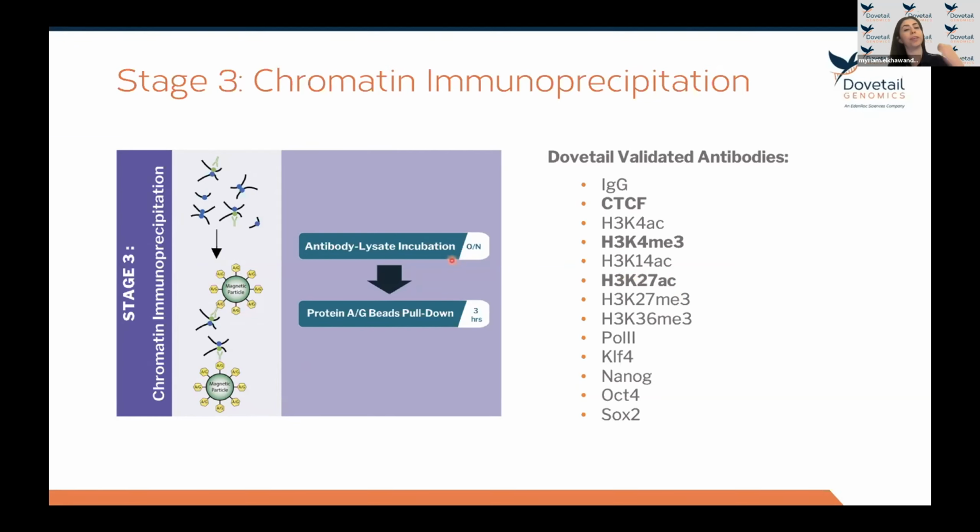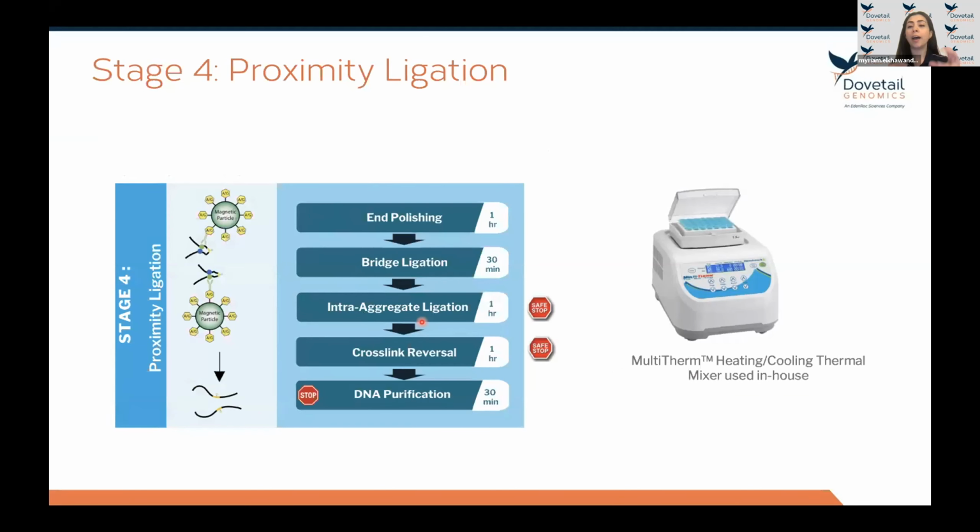Now, after incubation, you're going to pull down the antibody-protein-DNA complex with protein A/G beads. Now that you have the chromatin fragments bound to the beads, you're going to run the proximity ligation reactions, starting with end polishing, where you're going to repair the ends of the chromatin fragments.